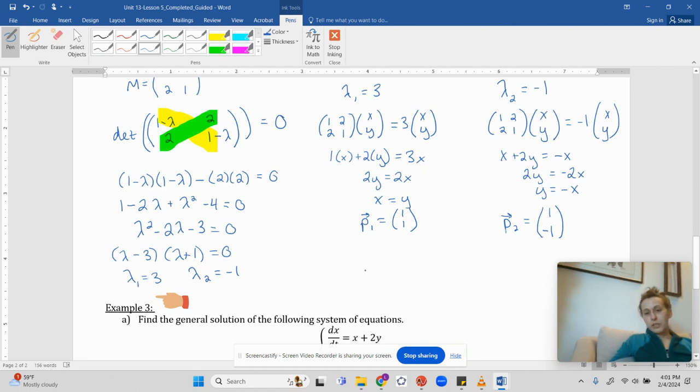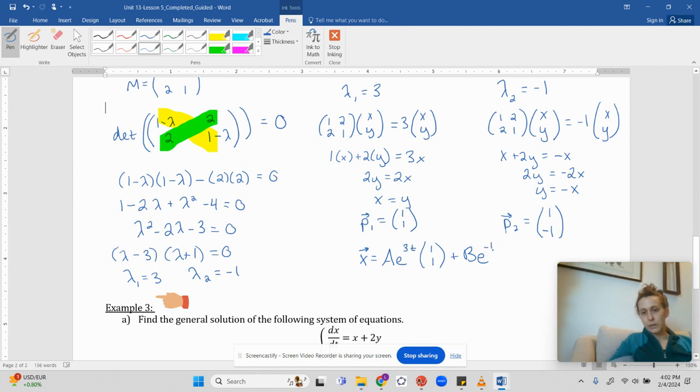And now we can write the general solution. The general solution is x equals, what was it? A e. So this is the formula on the front page. A e to the lambda t, and we'll do the first lambda first, 3t, times the eigenvector that corresponds with it, which is 1, 1, plus b e to the negative t.